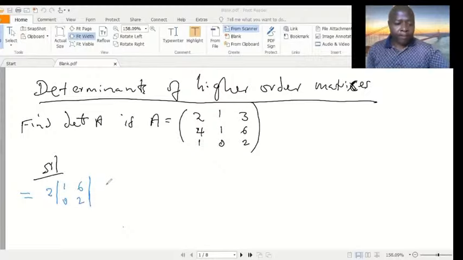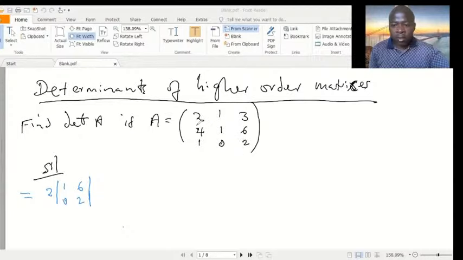Good. So then we said that for us to find the determinant, I want to do it along this row. And I said you can choose any row, you can even choose this row and do it along that. You can choose this column and do along this, and so on.